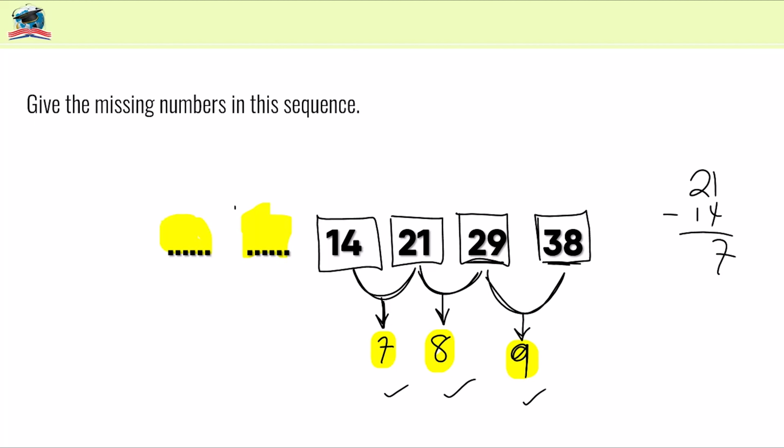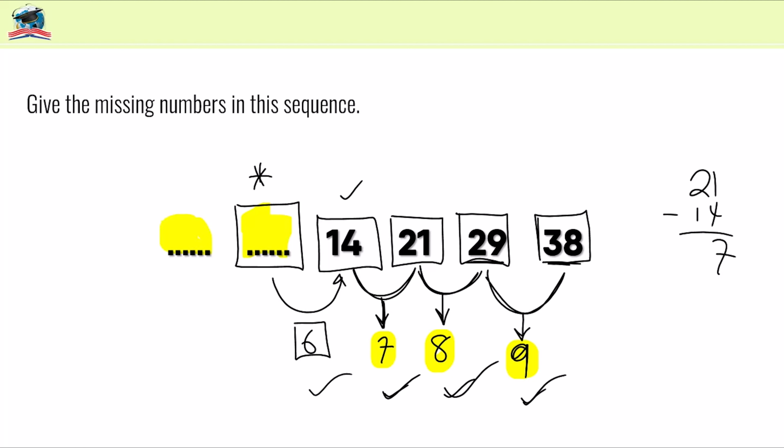So that means if we take whatever this number is out of 14, which is here, we should have a difference of 6. But we have to check and confirm. It should be 6, because if this is 9 and this is 8 and this is 7, this has got to be 6.